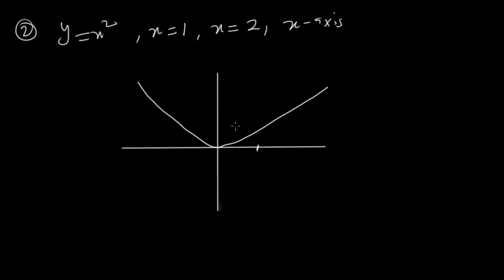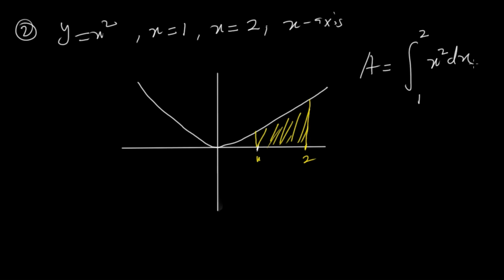If I have this to be point 1 and this to be point 2, basically what we're looking for is the area bounded by this curve. Just like we did in the previous example, we're going to have the area equal to the integral, the lower limit is 1 and the upper limit is 2, and we have our f of x equal to x squared dx.